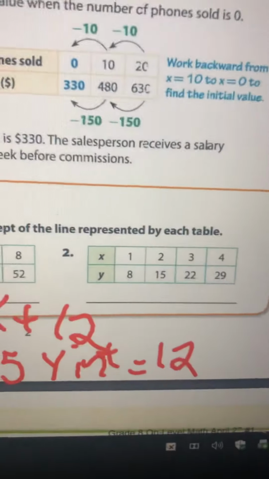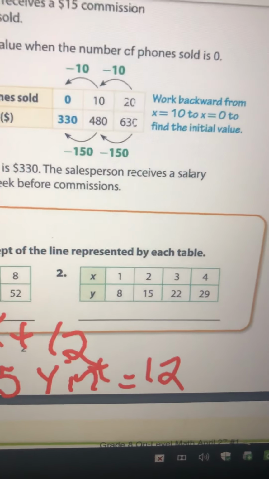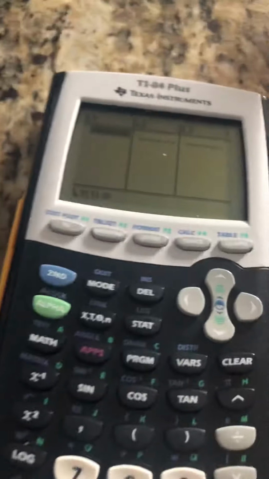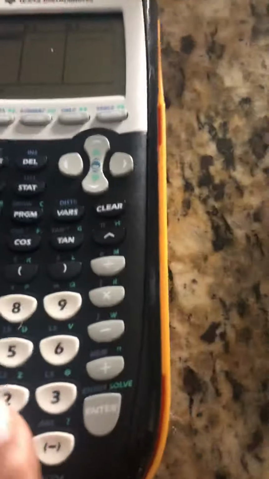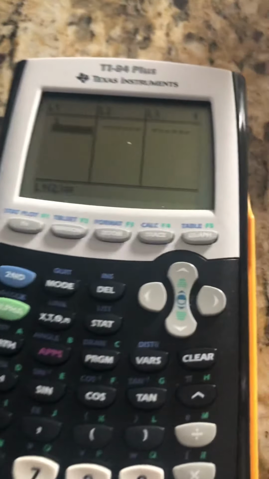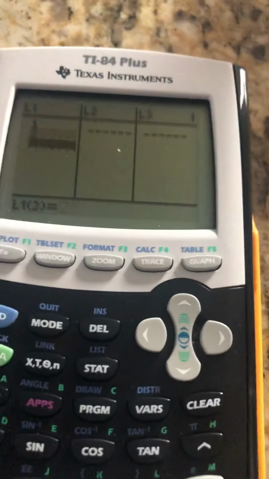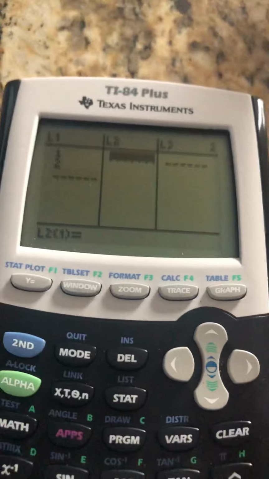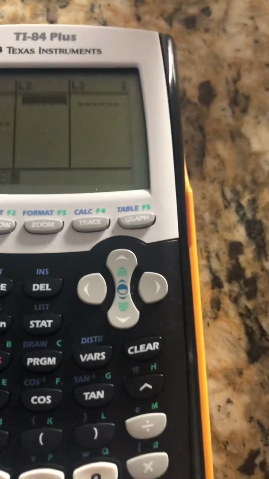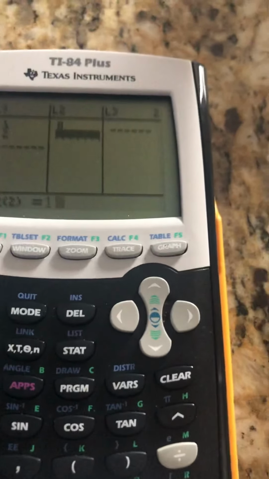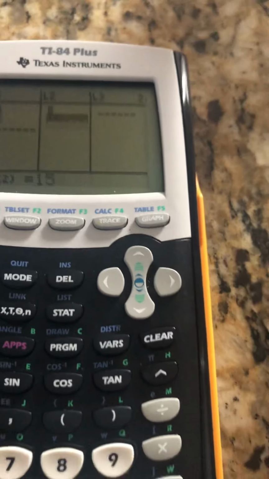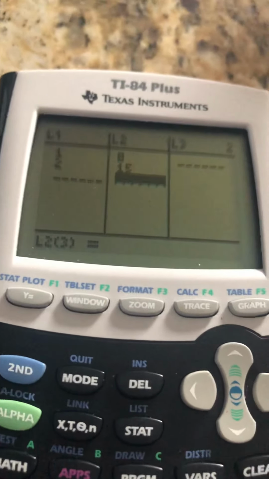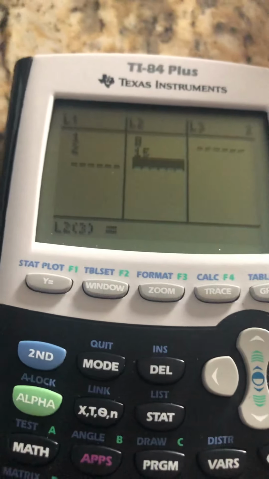So my X's are 1 and 2, and my Y's are 8 and 15. So I'm gonna put 1, enter, 2, enter. Now I'm gonna go over to L2, and I'm gonna put 8, enter, 15, enter. Okay, so I have my 2 points from my graph.